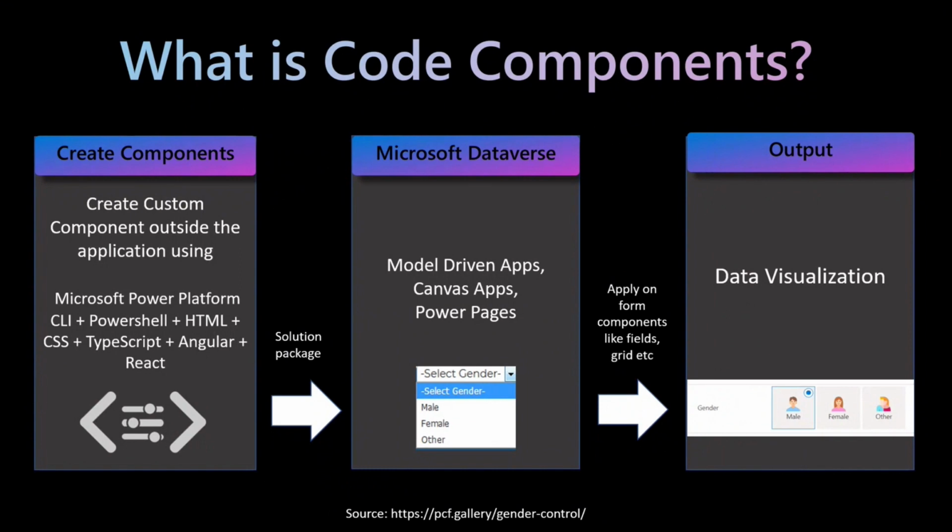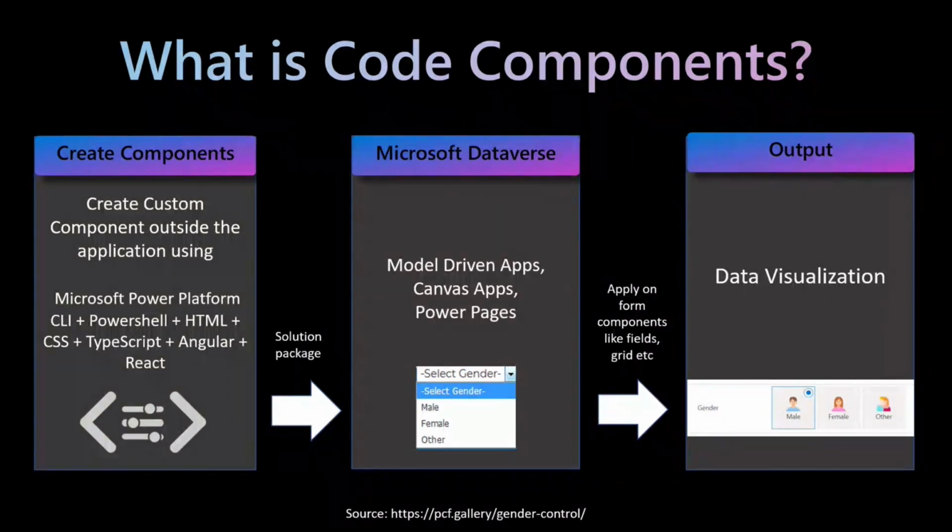So you need to have Visual Studio or VS Code, and some prerequisites like Power Platform CLI, Node.js, and these kinds of things in order to create the custom component. These are the languages or resources you need: Microsoft Power Platform CLI, PowerShell, HTML, CSS, TypeScript, Angular, and React.